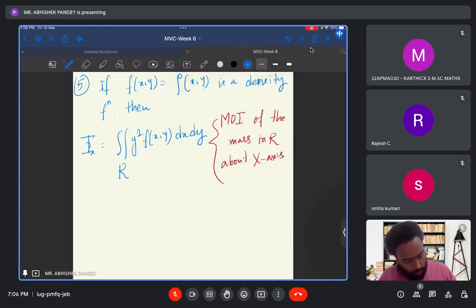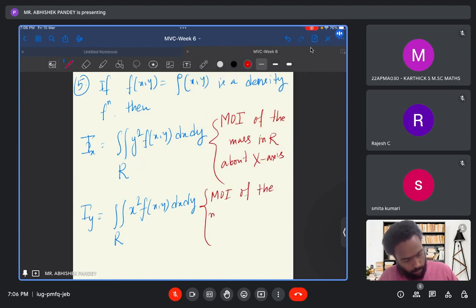And this integral Iy, the double integral over R of x square f of x, y dx dy, is the moment of inertia of the mass in R about the y-axis. Okay, I hope this is clear.